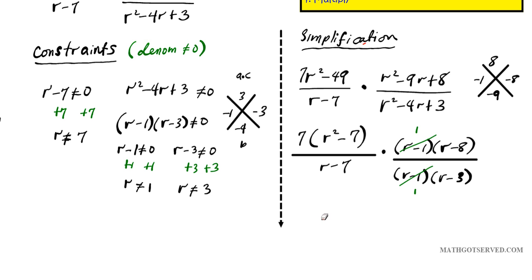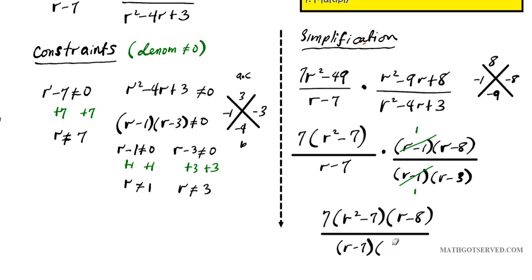So we have our final answer, 7 times r squared minus 7 times r minus 8. That entire product divided by r minus 7. We're multiplying here, so denominators go with denominator.